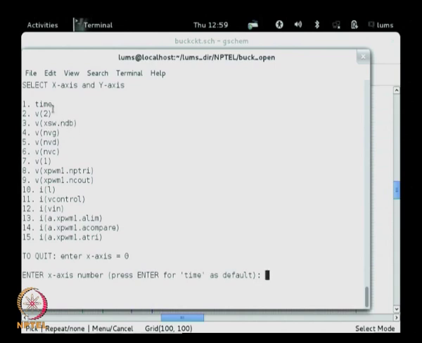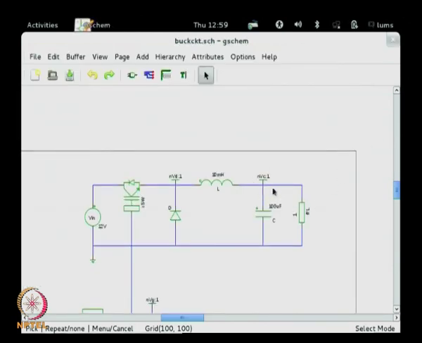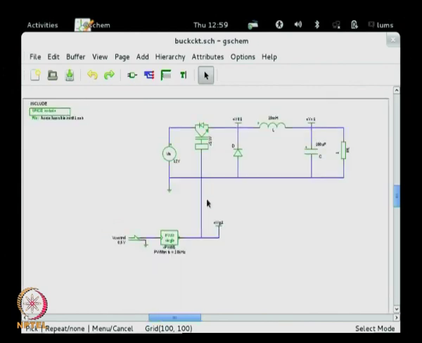Now, here for the waveforms, you have time and we have a host of node voltages and branch currents. The X axis, of course, we want it to be time, and on the y axis we would like to see the waveforms across the output maybe, and maybe the waveform which is given as pulse width to the switch, and probably even the current here.